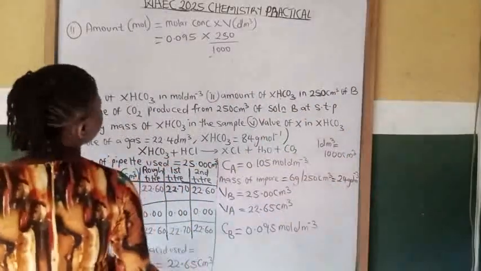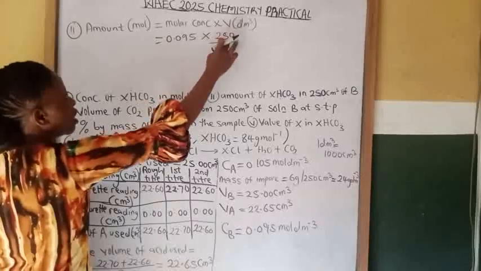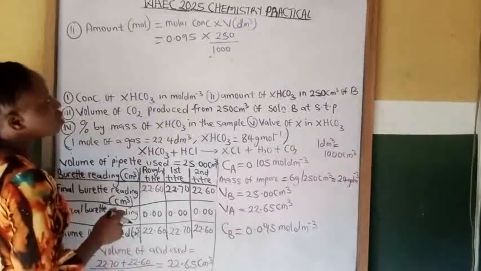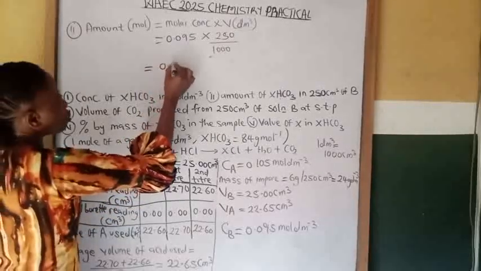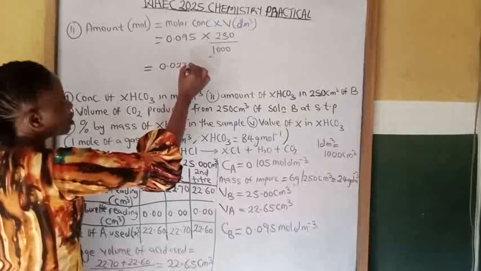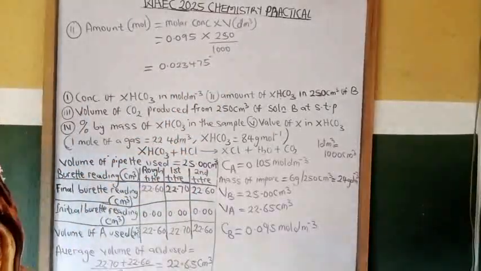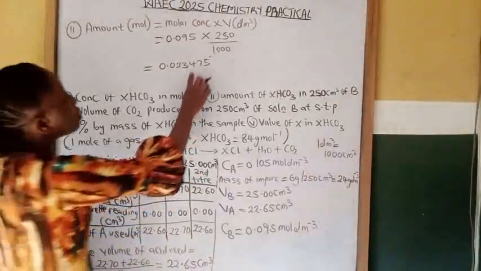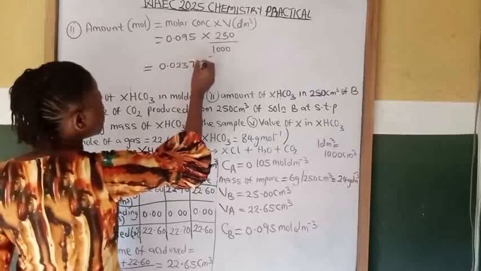So what will be our answer for that? 0.095 times 250 divided by 1000 will give us 0.02375.